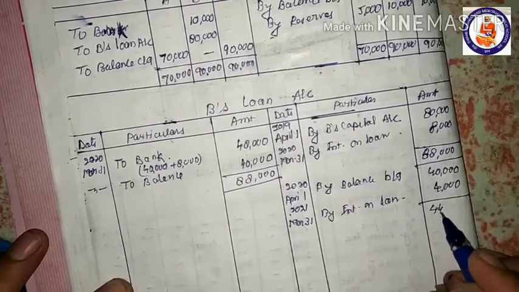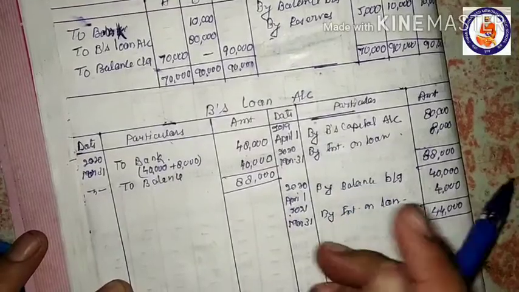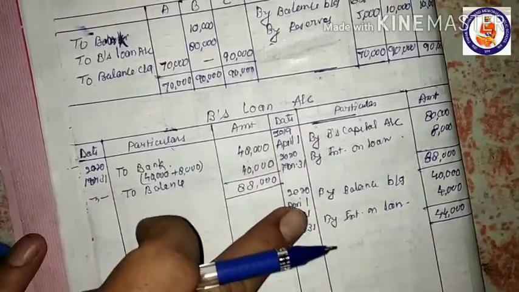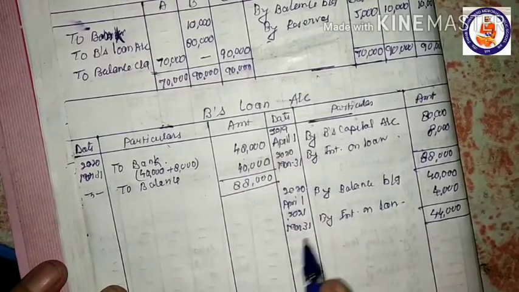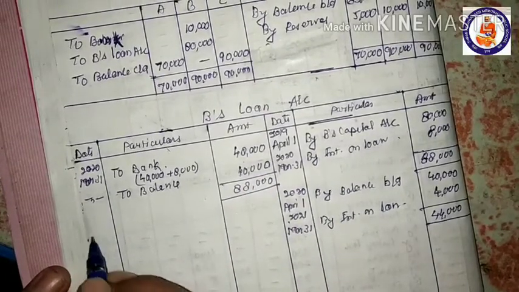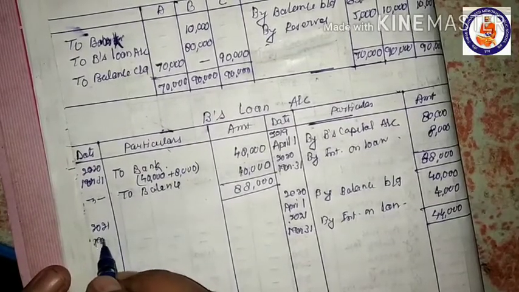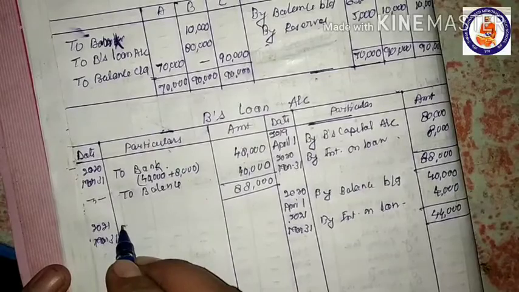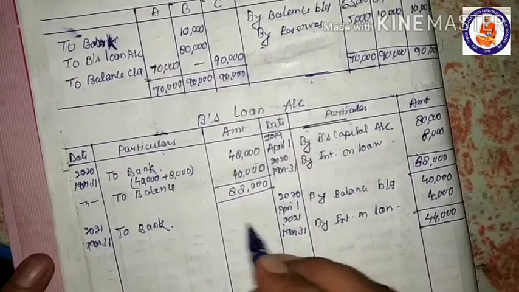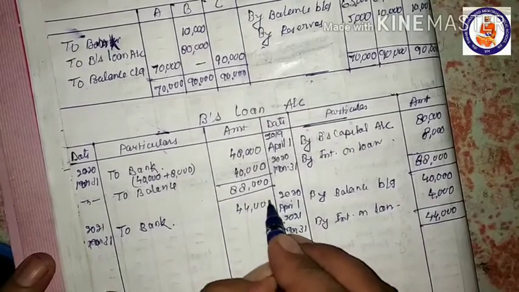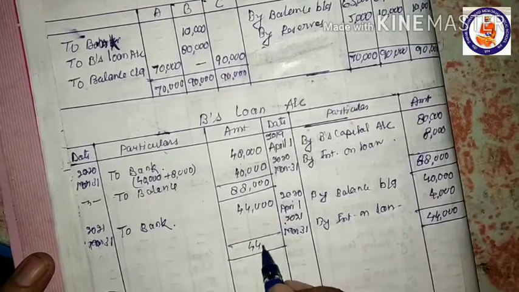Total 44,000 is here. Because it is to be paid in 2 equal installments, 1 installment is paid, and this is the second installment, so the complete amount will be paid to him. On 31st March 2021, to bank, the total amount of 44,000 will be paid to him. This way this loan account will be prepared.